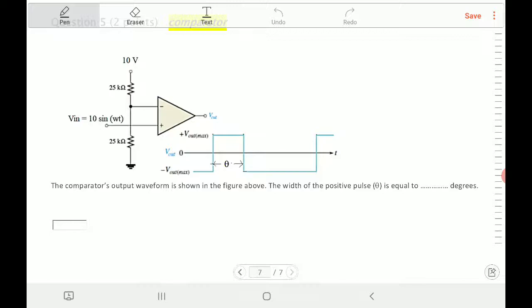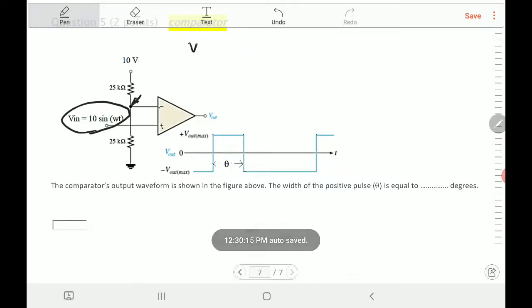Okay. Now that's a comparator. So we are comparing the voltage applied to the positive terminal with the voltage applied to the negative. The voltage applied to the positive is given here. It's equal to 10 sine omega t. The voltage applied to the negative at this point, and I talked about that in the lecture, is a voltage divider. So you have to find the voltage at this negative part.